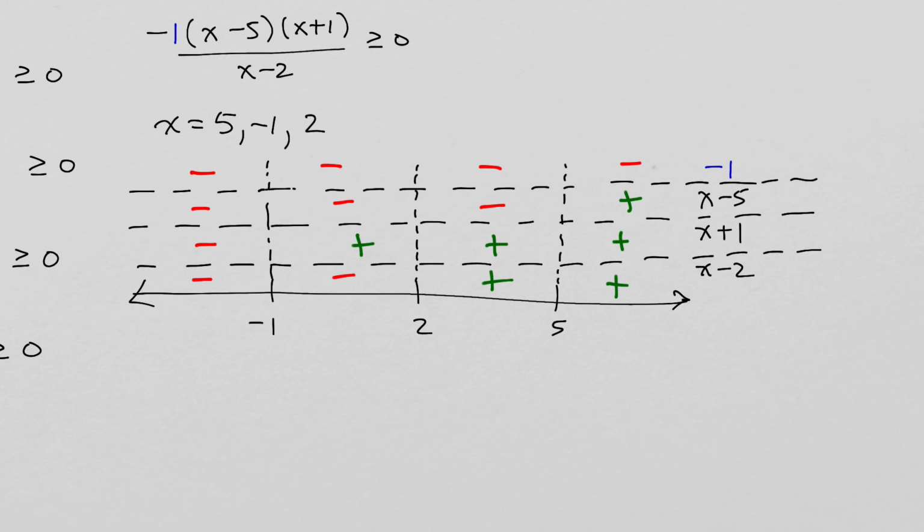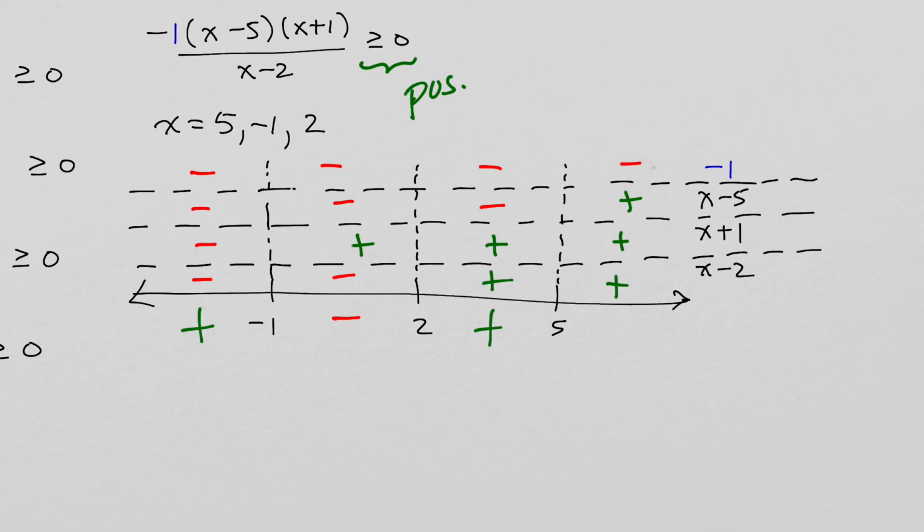So now, what do we want? Well, we want this thing to be greater than or equal to 0, which means positive. And so when you multiply 4 negatives together, that's a positive. When you multiply 3 negatives together, that's a negative. Multiplying 2 negatives together is a positive.